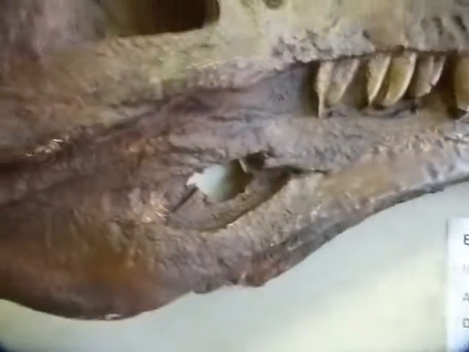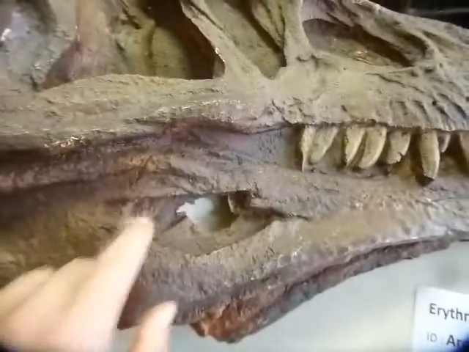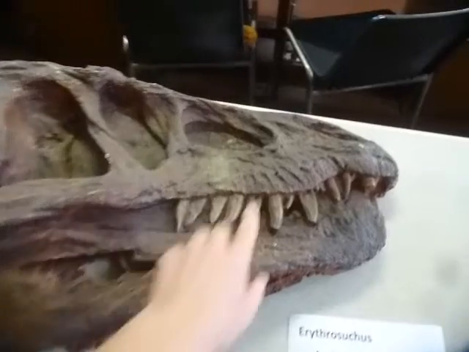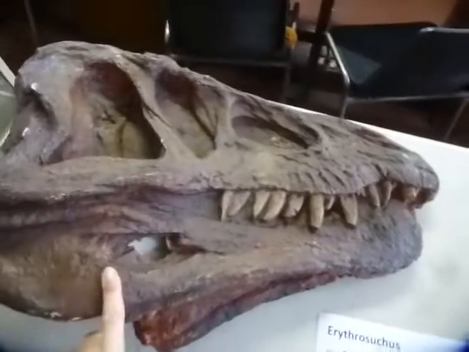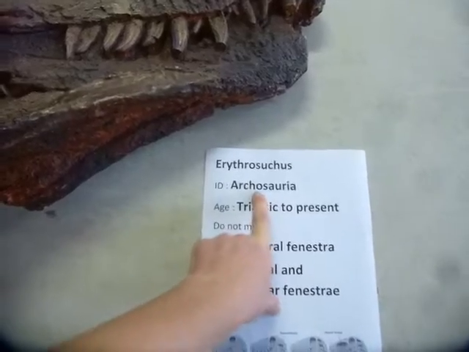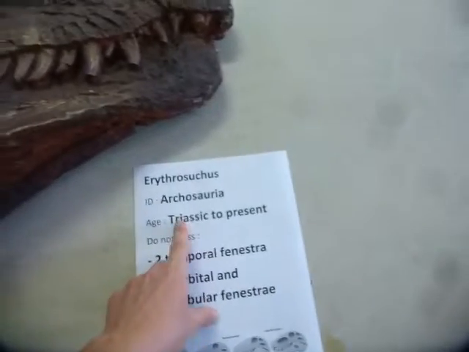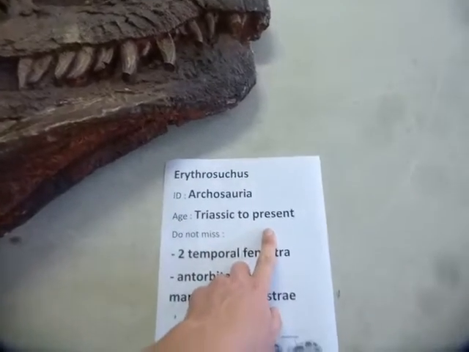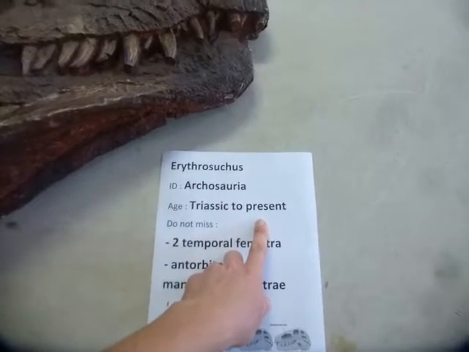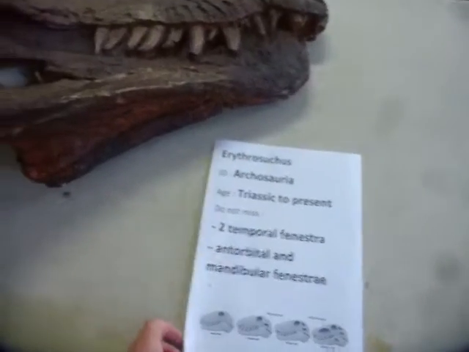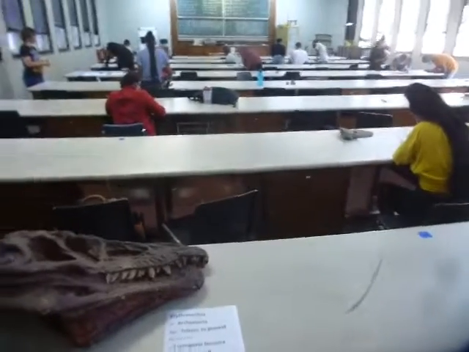And on the lower jaw, here you have the last opening, which is the mandibular fenestra. The fact that you have the antorbital and mandibular fenestrae tells you that this animal belongs to the Archosauria. This animal lived in the Triassic, but today crocodiles belong to the Archosauria, so crocodiles are still alive today. So that was the last fossil for today.